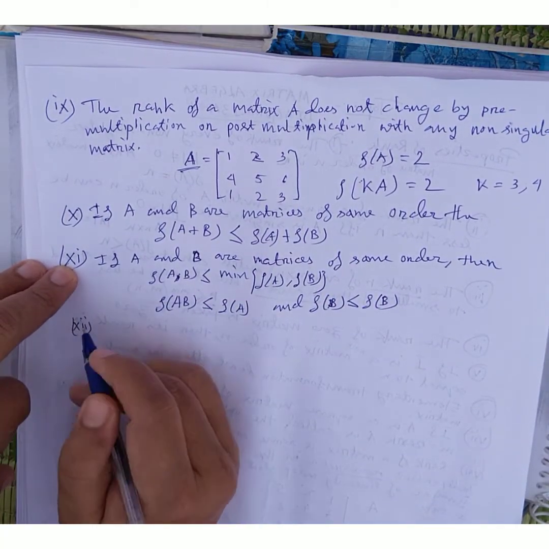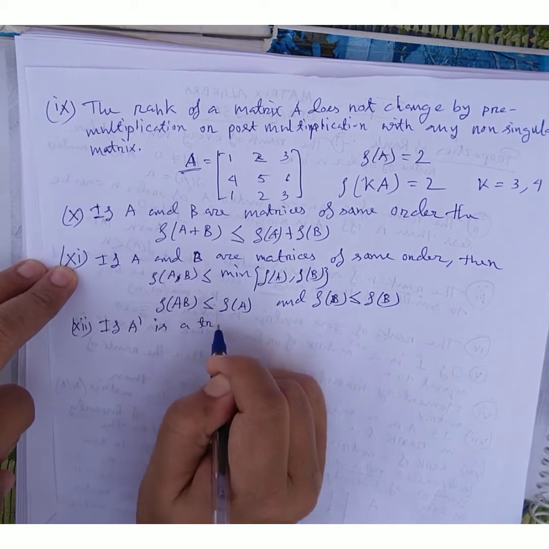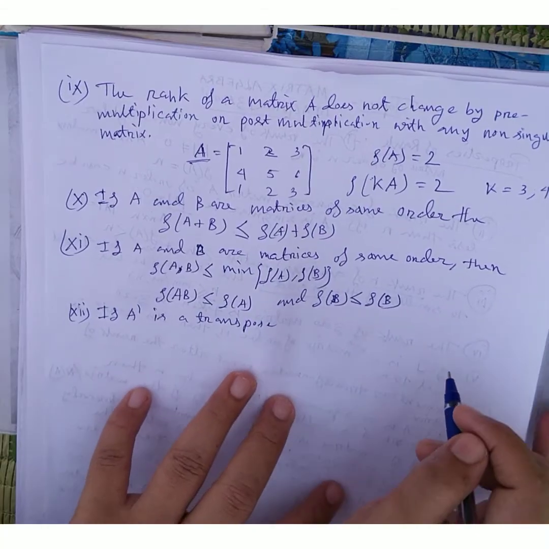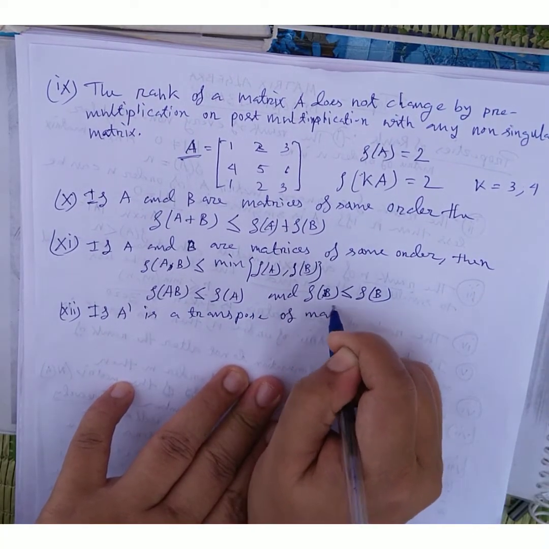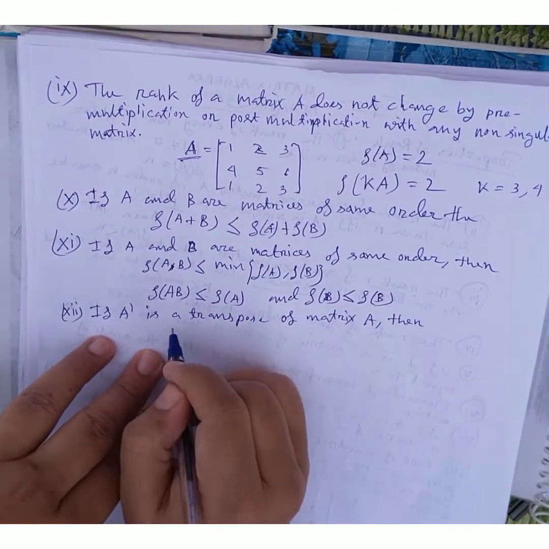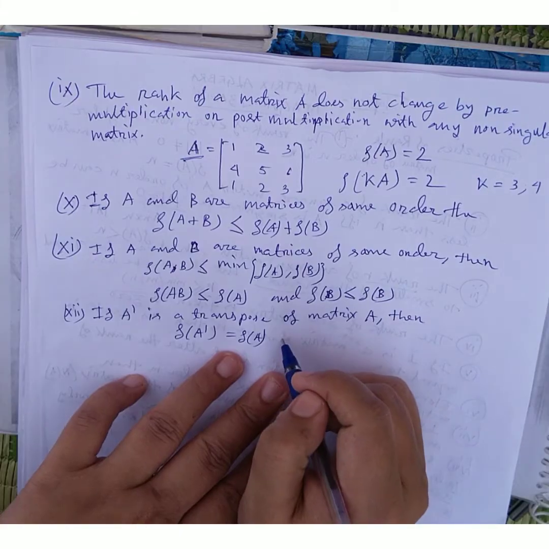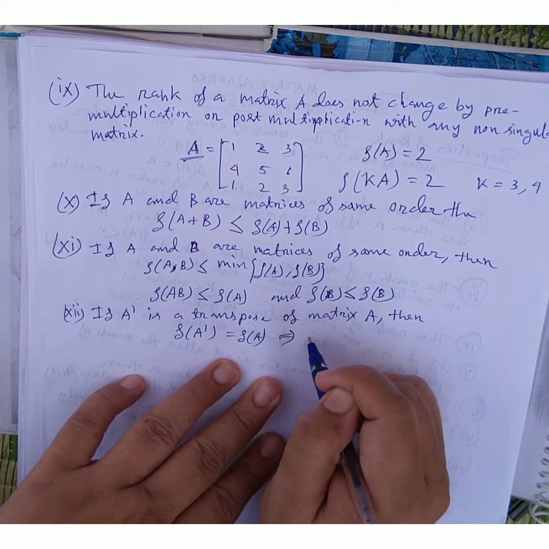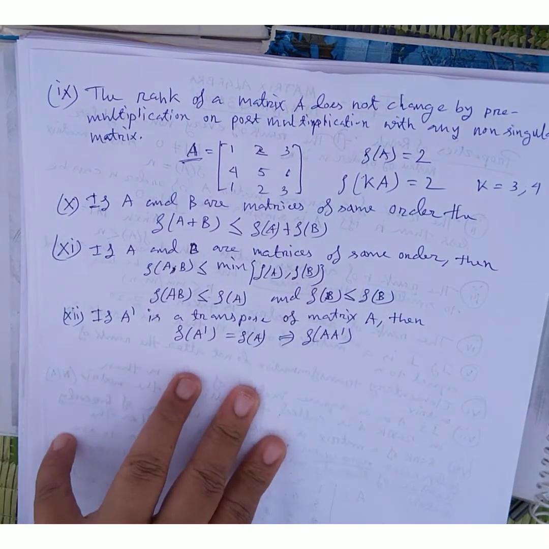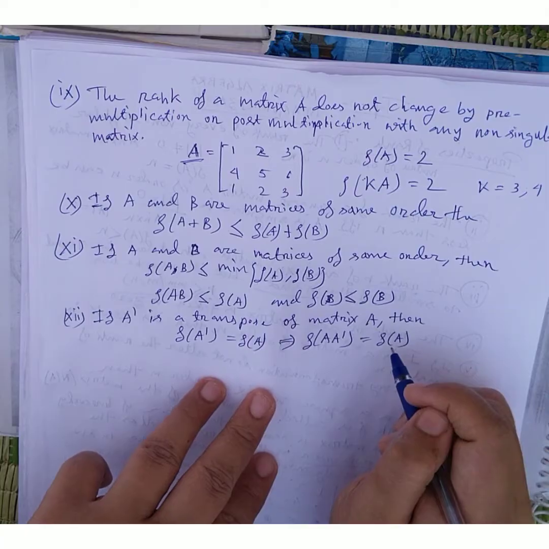Number 12. If A dash is the transpose of matrix A, then the rank of A dash is equal to the rank of A; both are the same.